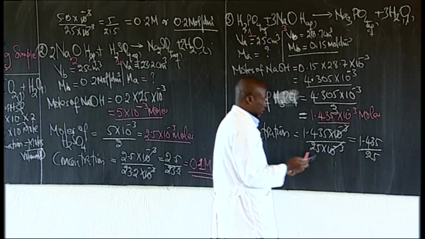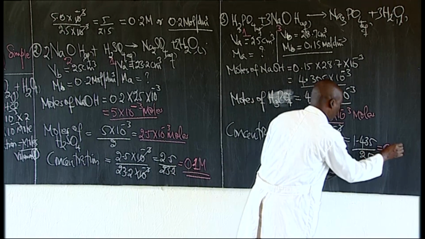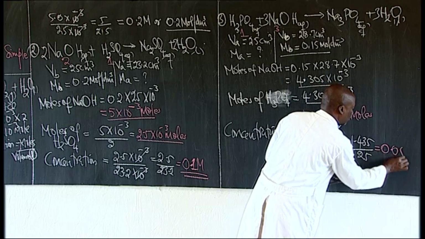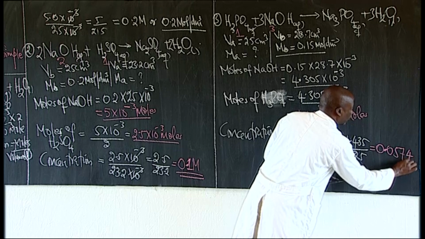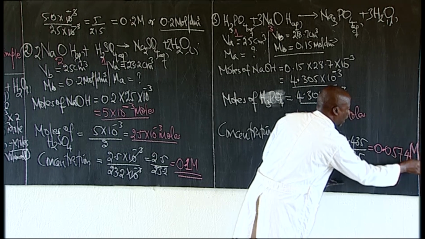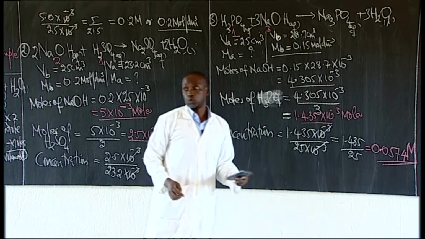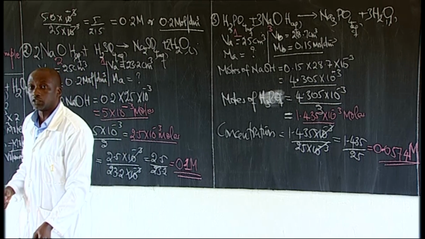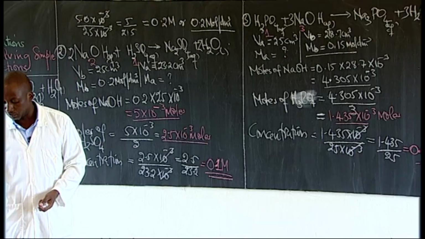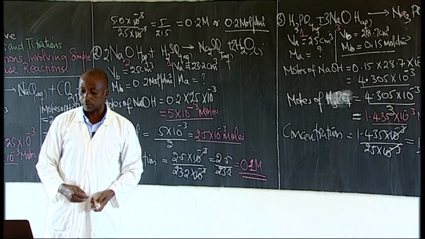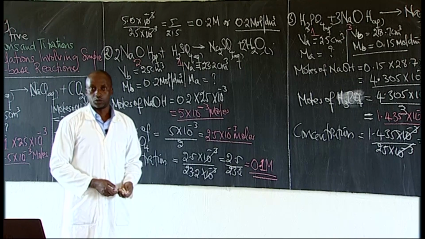So this is 0.0574. Capital M, that is the molarity. We can use capital M, or we can use moles per liter or moles per decimeter. So all the same that we need to work out.